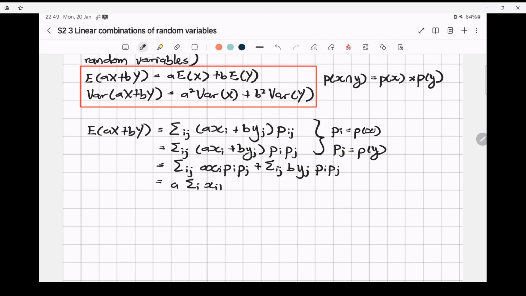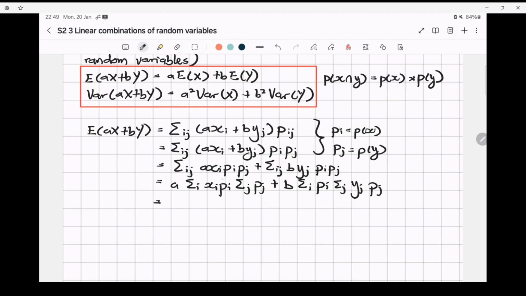So it will be xi pi, and for the j one, you only have pj. Similarly over here, b I can factor out, so I only have pi, and for j, I have yj pj.